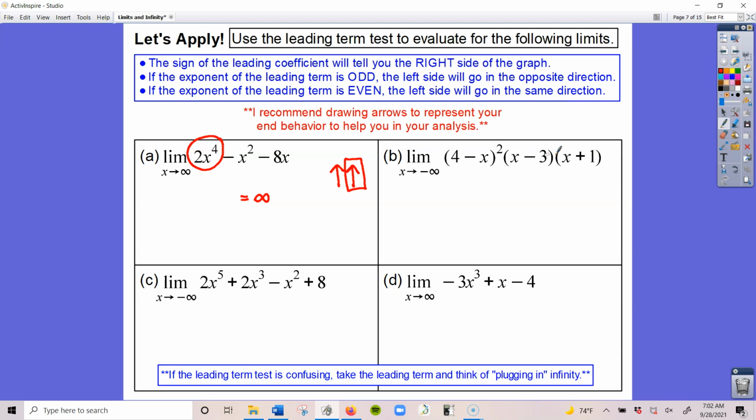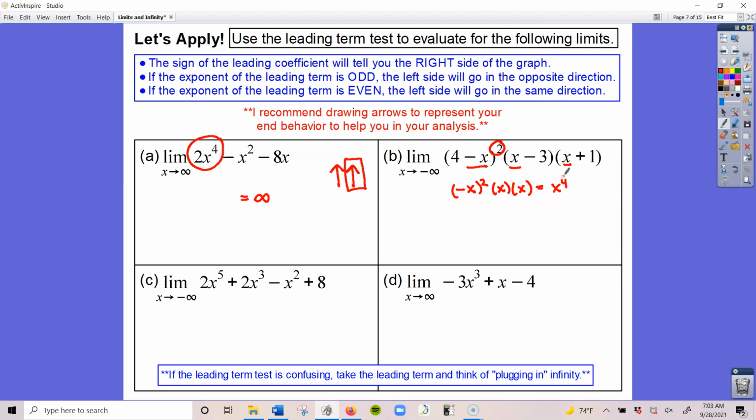Now in this example, it's not written in standard polynomial form, but we can still figure out what is the leading term by taking all of the x's and multiplying them together. So my leading term, this is negative x, and it's being squared, times another x, times another x. Negative x squared becomes positive x squared, times x, which is x to the 3rd, times x, which is x to the 4th.